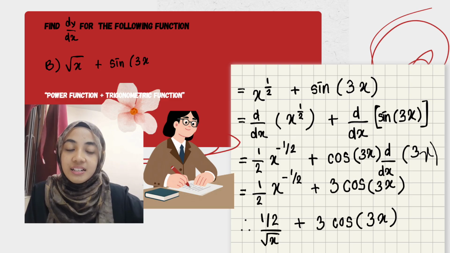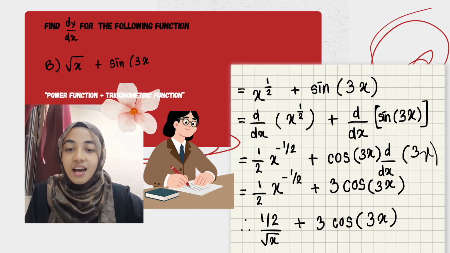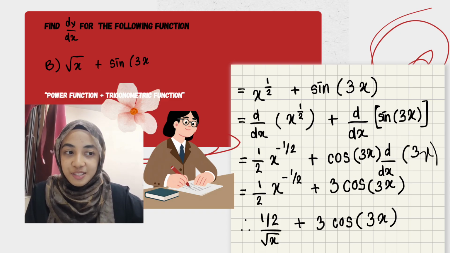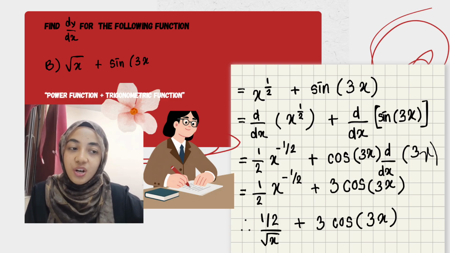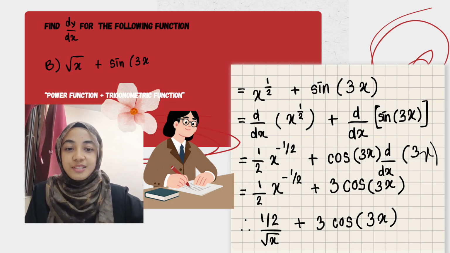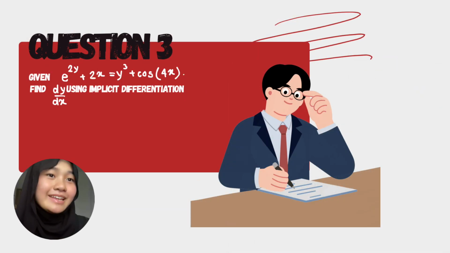Then we get the answer 1 over 2 x to the power of negative 1 over 2 plus 3 cos(3x). Then the final answer, we just write as 1 over 2 divided by square root x plus 3 cos(3x).